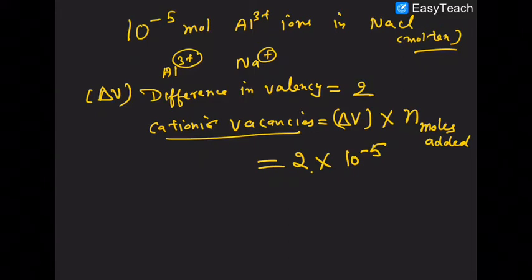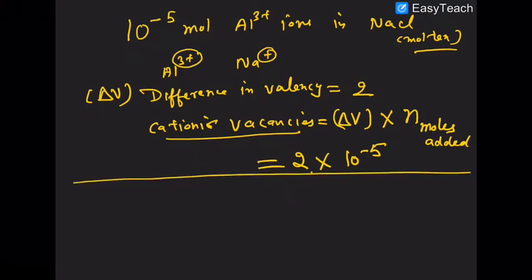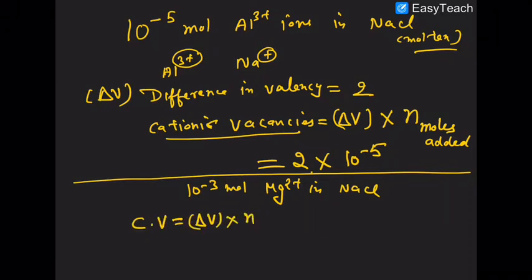Are you getting that? Easy? That is too easy. Similarly, if you have added 10 power minus 3 mole of Mg2+ in NaCl, then what will the number of cationic vacancies be? Difference in valency into number of moles added.